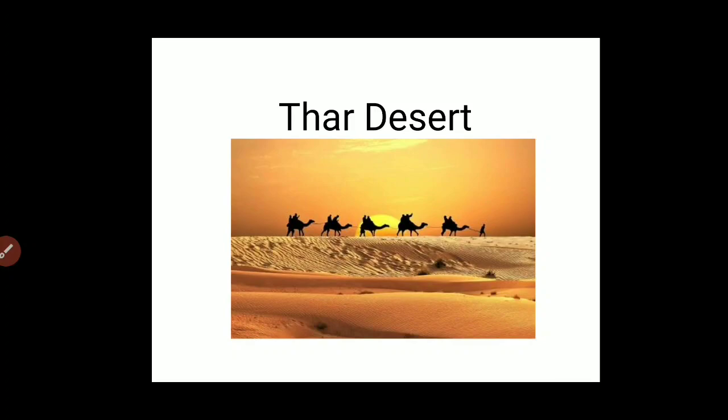Less vegetation means you cannot grow number of plants over there. The speciality of the desert is the cactus plant, which can live without water, or the camels, which can live without water for many days. So this is about the Great Indian Desert, Thar Desert.